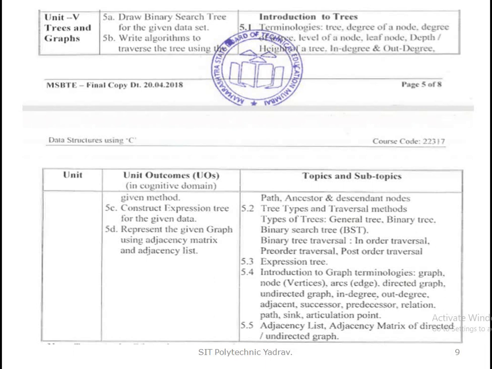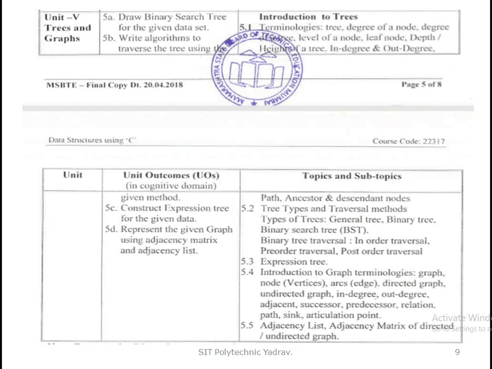Next, 5.3, expression tree. Next, 5.4, introduction to graph terminologies. In that, two data structures are studied, trees and graphs. Up to trees are completed. After 5.4, we study the graph data structure.